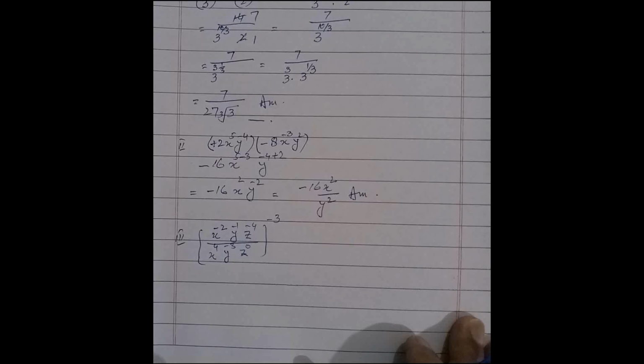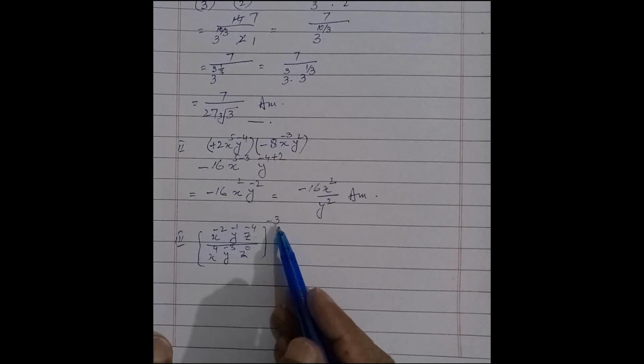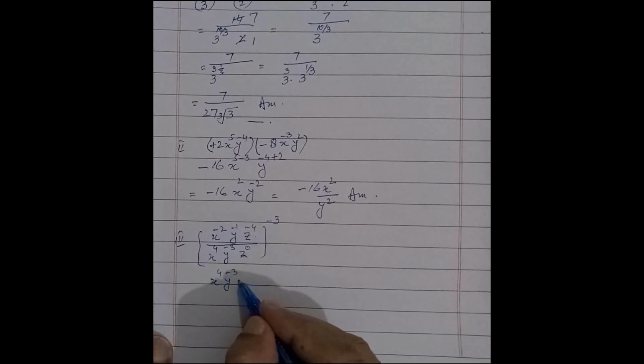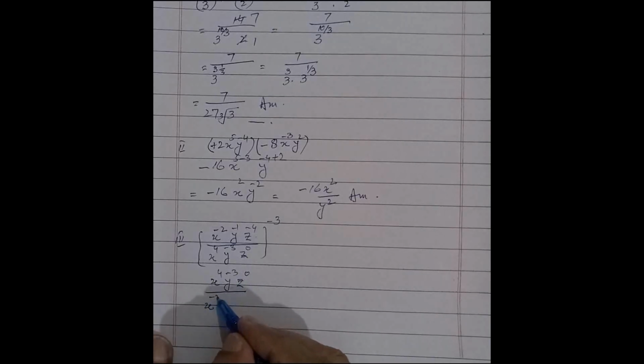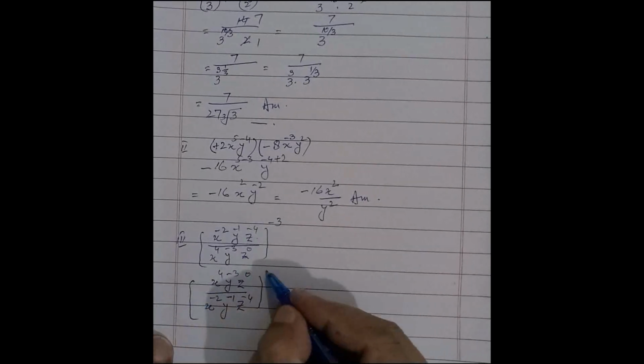And now we take the reciprocal of these values to convert this power minus 3 into positive. We get x power 4, y's power minus 3, z power 0 over x power minus 2, y's power minus 1, z power minus 4, whole power 3.